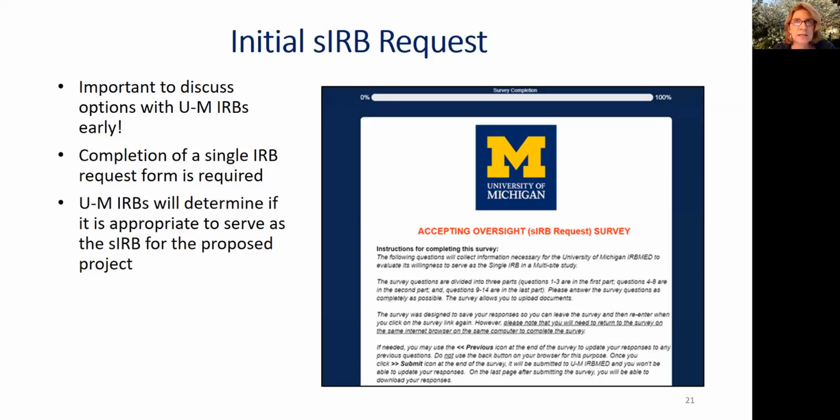And the IRBs are not really the sole decision makers around whether or not we're going to serve as an IRB of record. We have a reporting structure that requires us to reach up to UMOR and potentially some other committees in the institution to make sure we are able to accommodate that request. So we need to collect a lot of information, hopefully in an easy to respond to format, so that we can make those decisions.